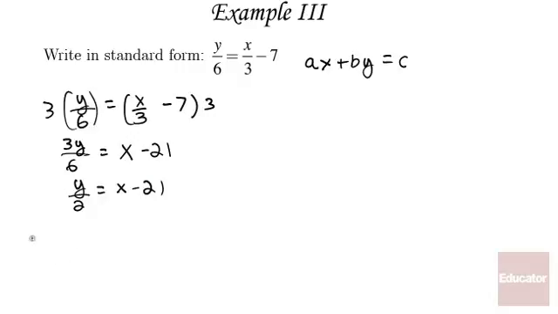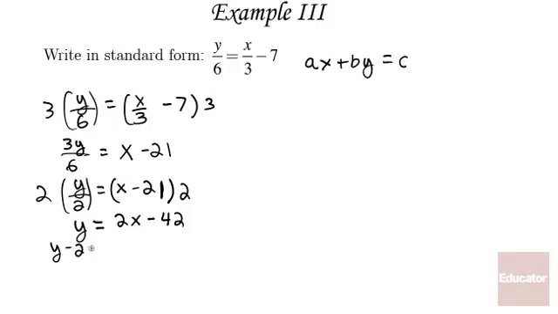So I'm still left with a fraction. I'm going to multiply both sides of the equation by 2 to eliminate that fraction. The 2's cancel out, so I have y equals 2x. Negative 21 times 2, that's negative 42.